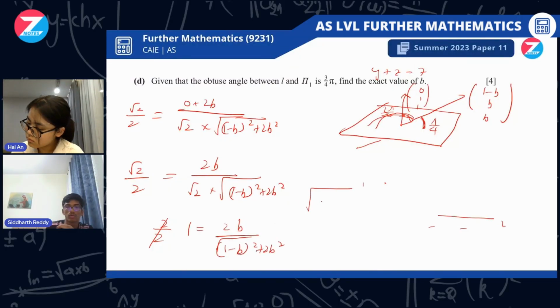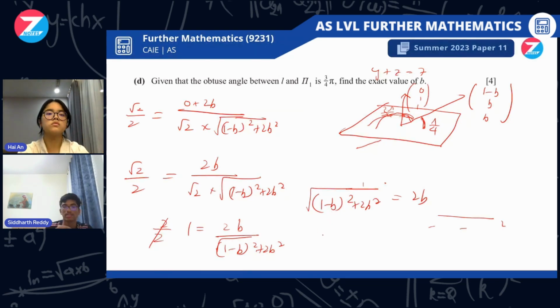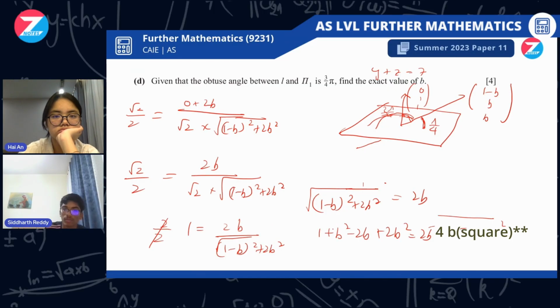So the square root of 1 minus b whole square plus 2b square is equal to 2b. Squaring both sides, we get 1 minus b whole square. I'll expand it. So we have 1 plus b square minus 2b plus 2b square is equal to 2b. Oh wow, it's getting longer than it needs to be. So we have 3b square minus 4b plus 1 is equal to 0.